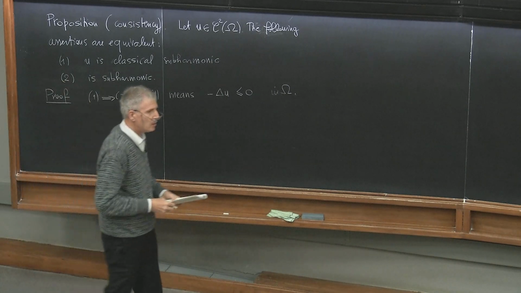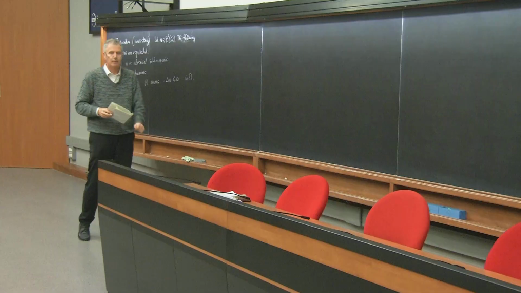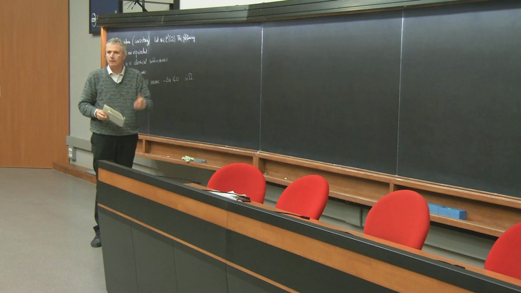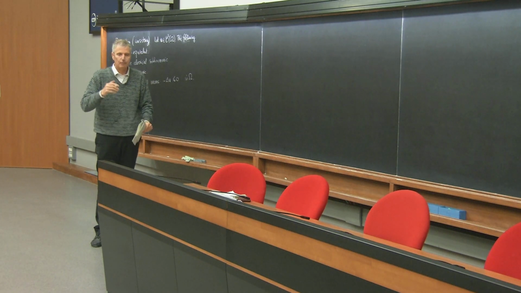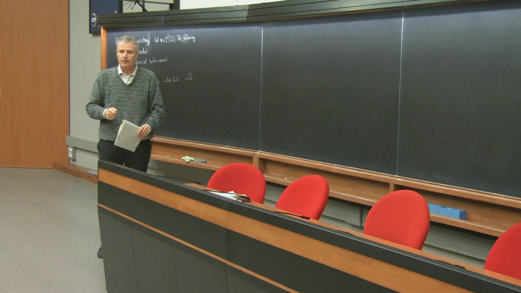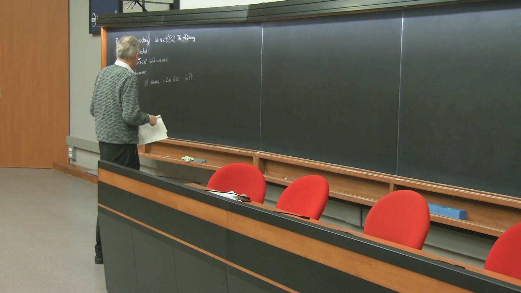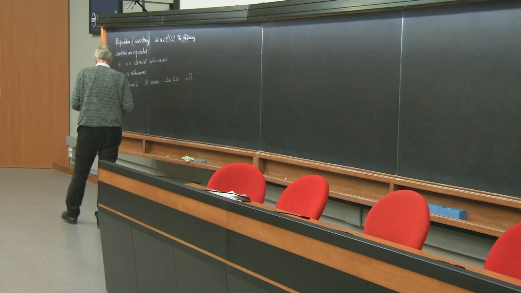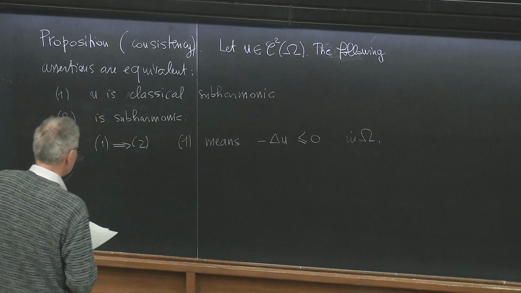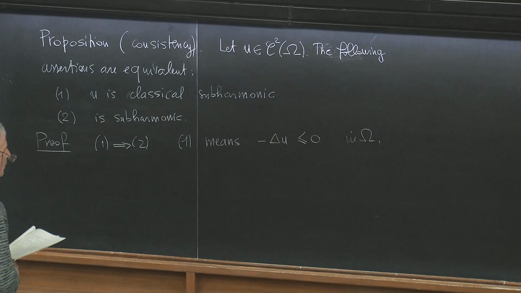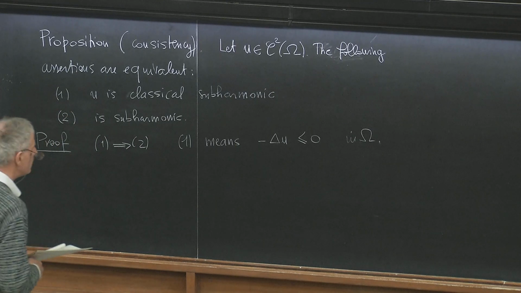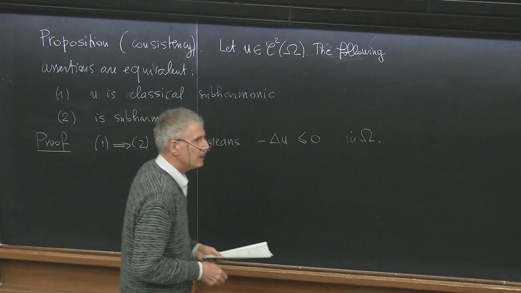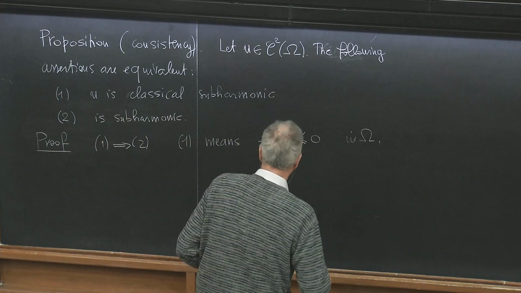Now, for subharmonic functions, we had the theorem that we made, maybe last time or the lecture before, and it has 5 or 6 equivalent ways to say that the function is subharmonic. So I think that now we can use one of them. So let's see which one.